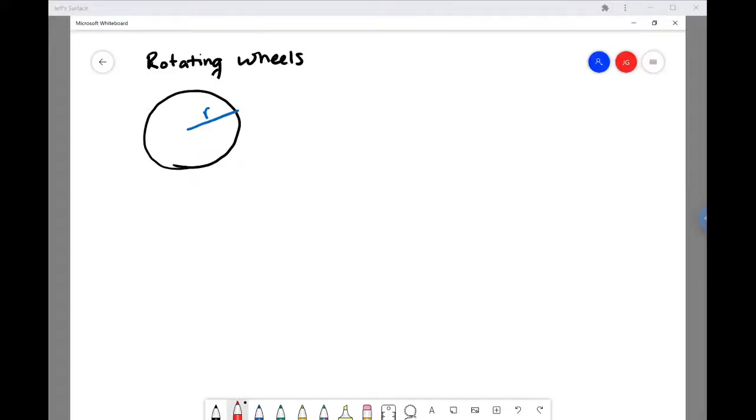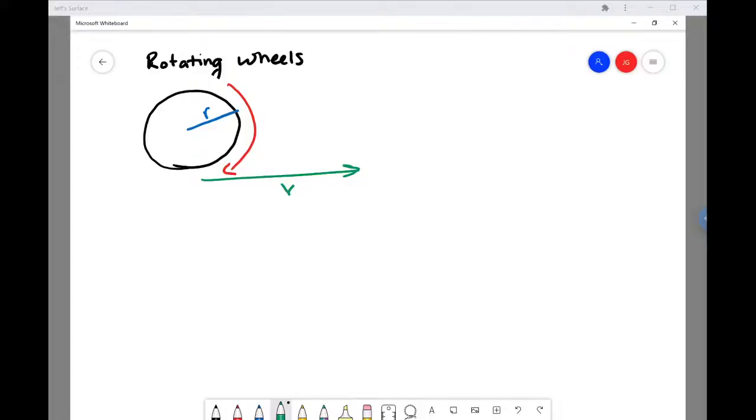And if a wheel is rotating, say it's rotating in this direction, clockwise, it's going to be moving in this direction. It's going to have a velocity or a speed, a linear speed. So as the wheel rotates, it's moving down the road, the path, whatever. All right, so it's got a speed.